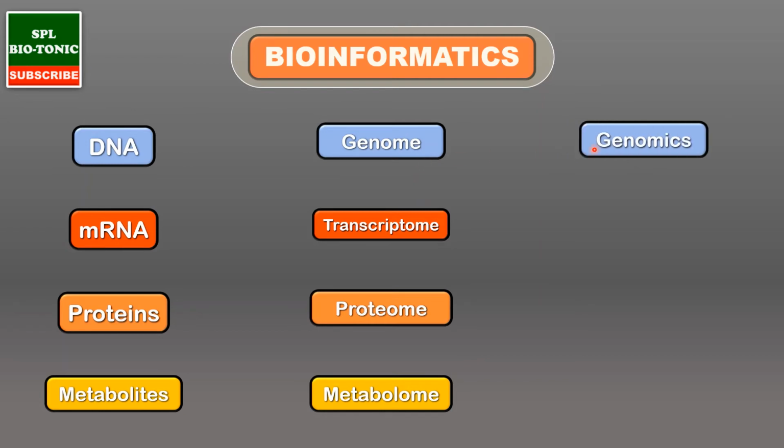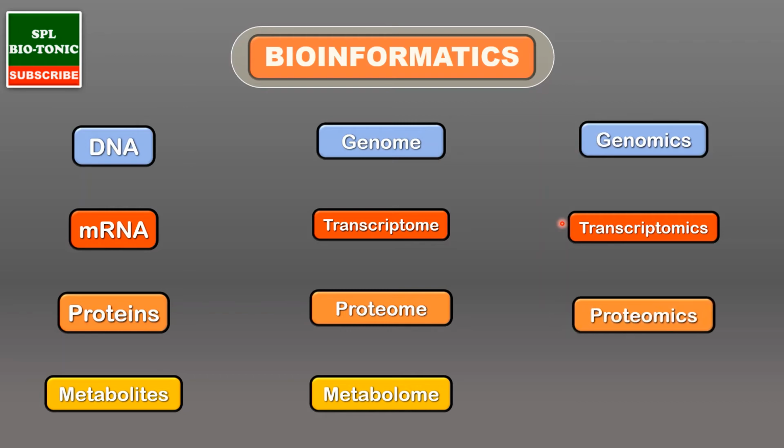Now the study of genome is called genomics. Similarly, the study of transcripts is called transcriptomics, and the study of proteins is called proteomics. So in these three words there is a suffix omics. So genomics means study of genome, transcriptomics means study of transcripts, that is messenger RNAs, and study of proteins is called proteomics.